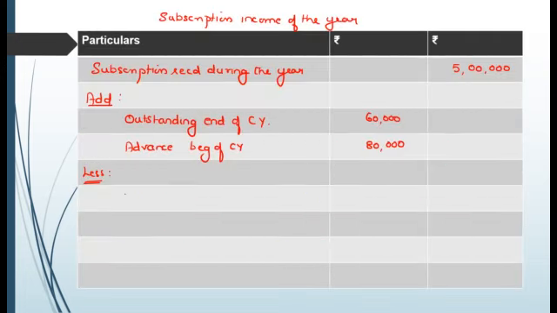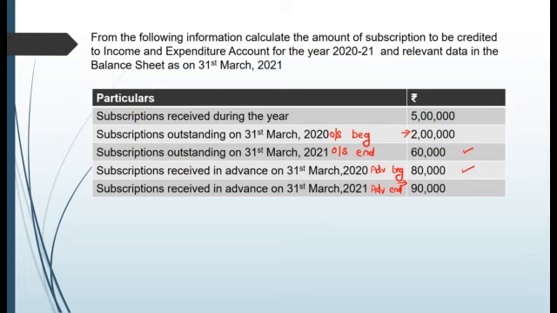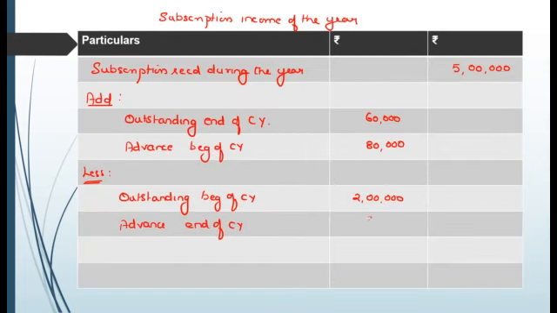So we write outstanding at the beginning of current year, which amounts to 2 lakh, and advance at the end of the current year. Advance at the end of current year was 90,000 related to next year. So we write it here.